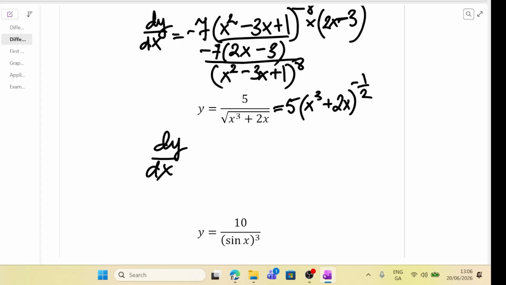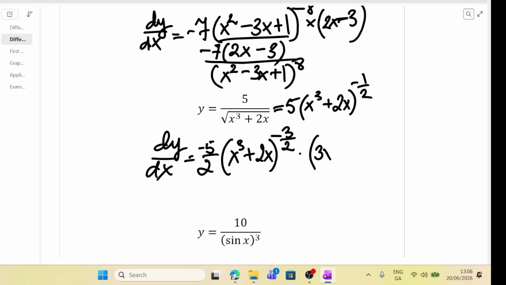Minus a half times 5 will be just minus 5 over 2, x cubed plus 2x to the power of minus 1, so that will give me minus 3 halves, and then I multiply that by the derivative of inside, which is just 3x squared plus 2.